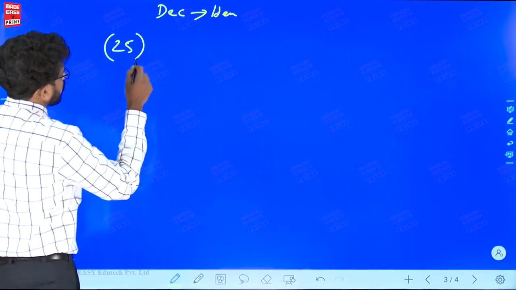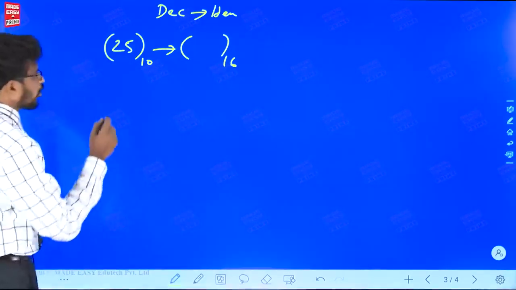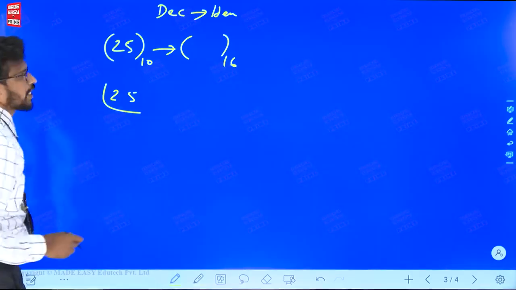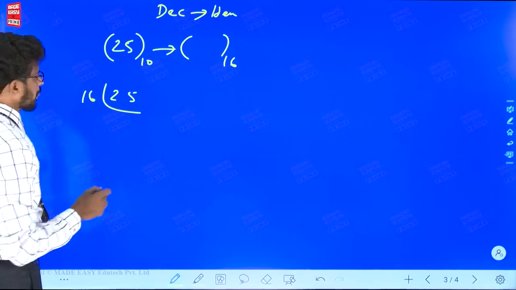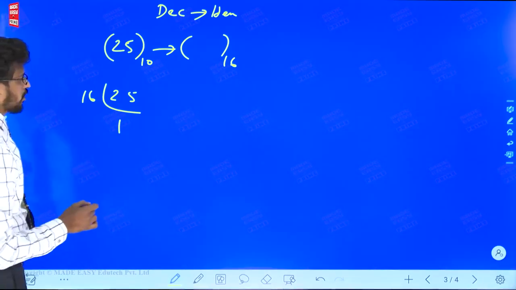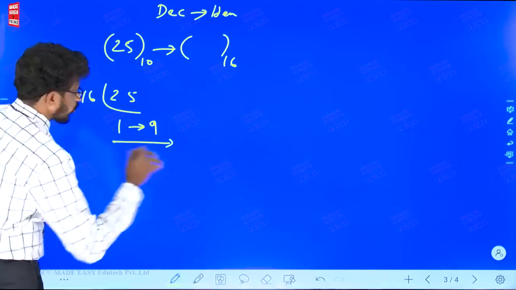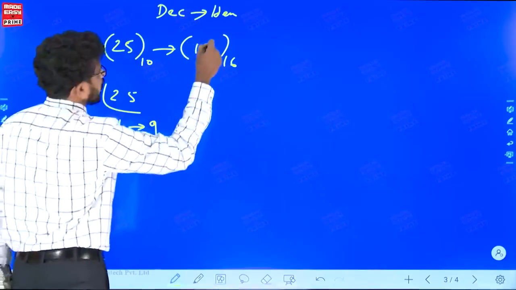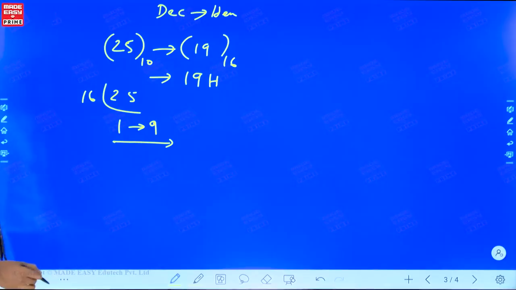I want to convert this decimal value to hexadecimal. Very simple. Divide 25 by the required base 16. 16 ones, and the remainder is 9. So here it is 19, or in other words we can write 19H. That is how we can convert from one number system to another.